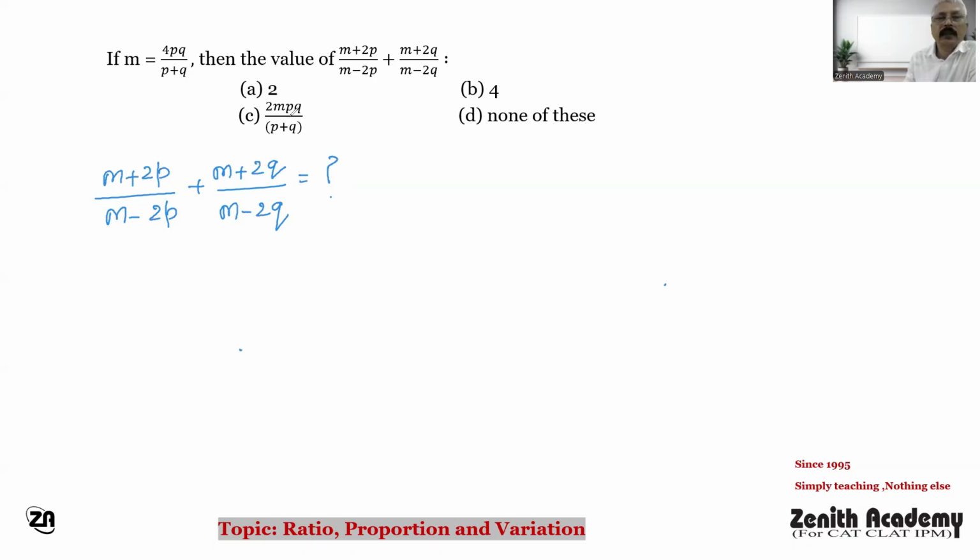So look here, it is m equal to 4pq. So you can write m upon 2p, 2q upon p plus q, and m upon 2q, you can say it is 2p upon p plus q.